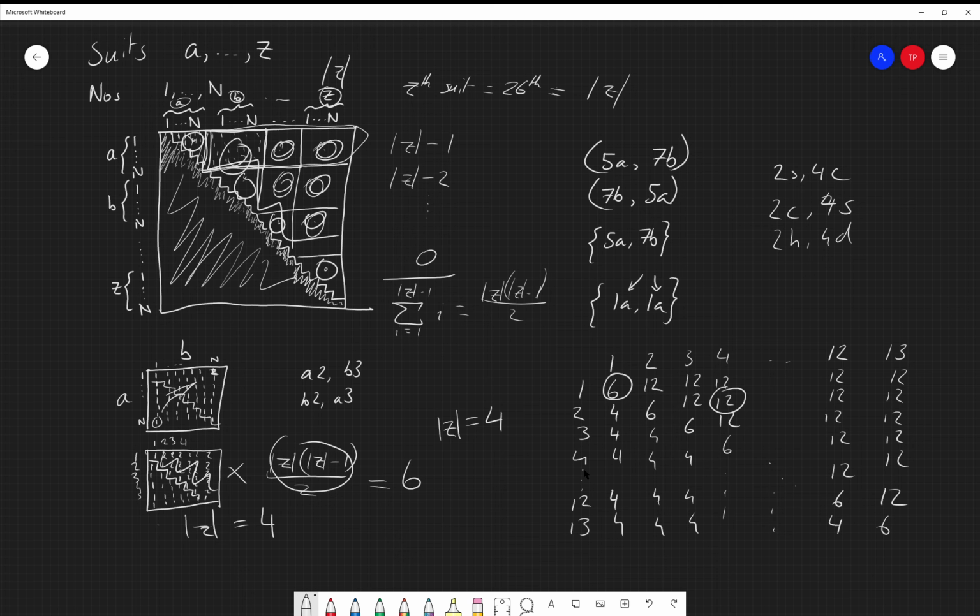And then in the lower region here, something like this one, this is the number of 2-4 pairs where they're from the same suit. So this could be like 2 of spades and 4 of spades, or it could be 2 hearts, 4 hearts, or it could be 2 diamonds, 4 of diamonds, or it could be 2 of clubs, 4 of clubs.